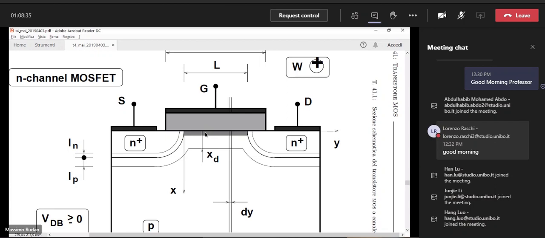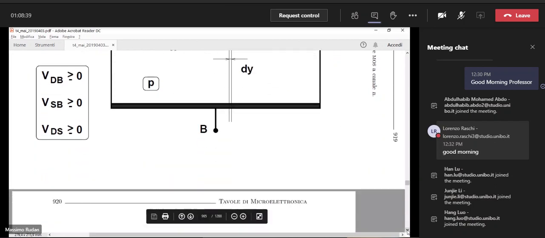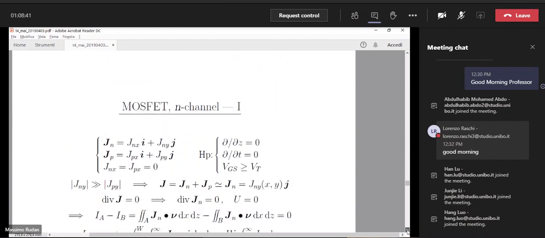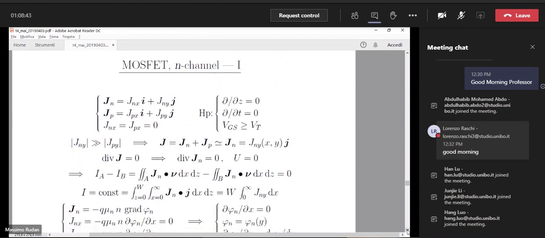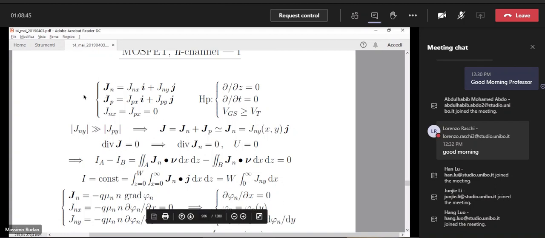So we neglect the contribution of the holes. So eventually, out of all these components, only one component survives because Jnx and Jpx are 0. Jny is much, much larger in modulus with respect to Jpy, okay?